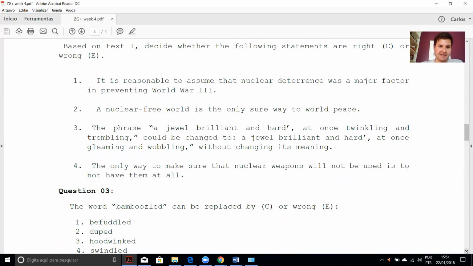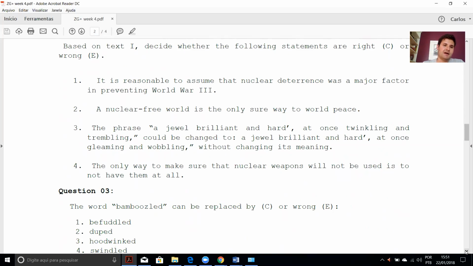This is exactly his thesis. It's a simple thesis, of course, and it's a way to demystify deterrence and to delegitimize deterrence as well, and promote nuclear disarmament, which is interesting for us.